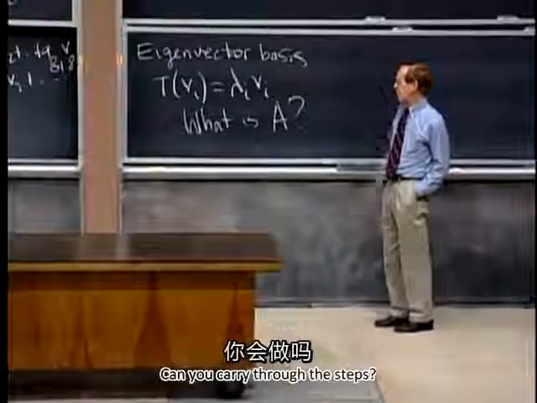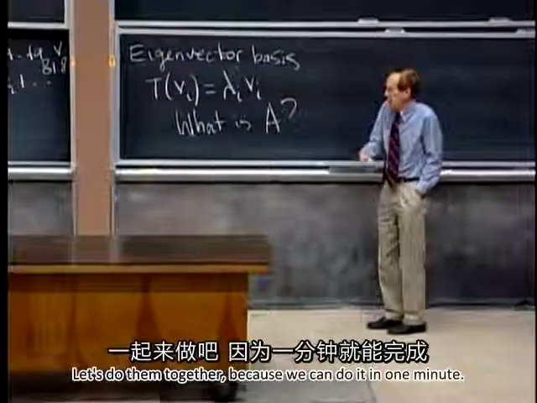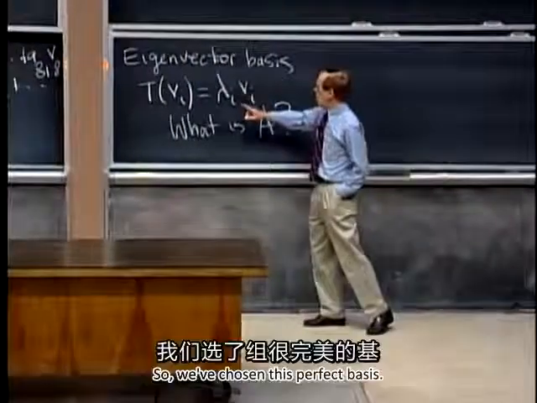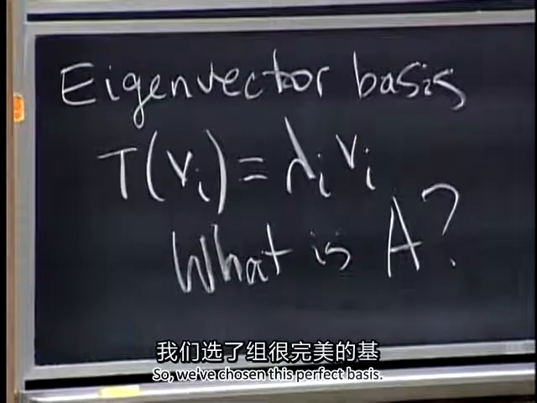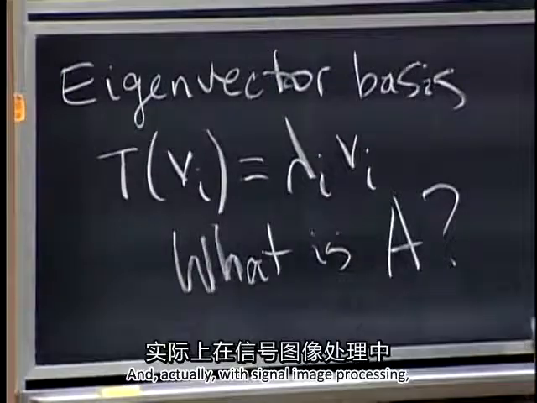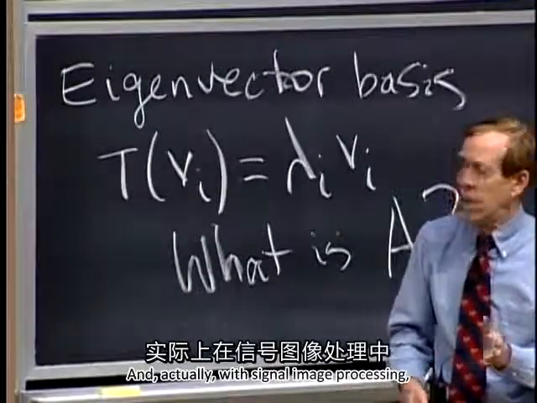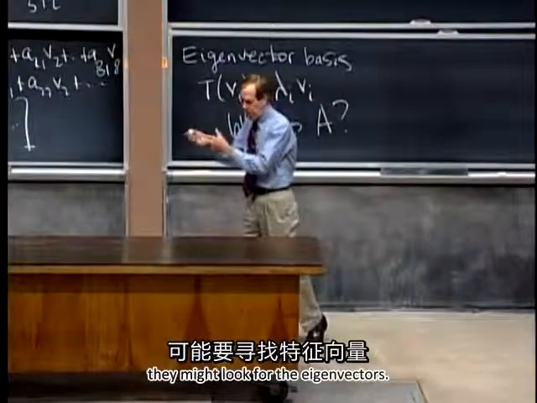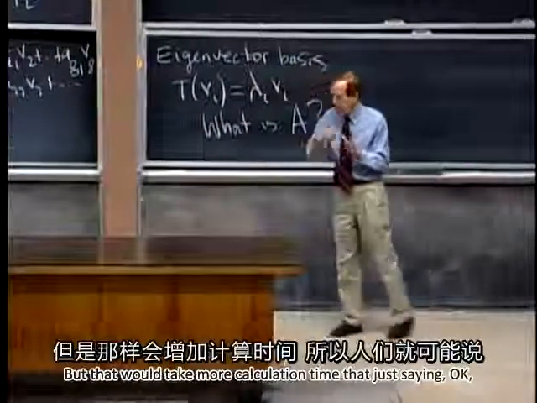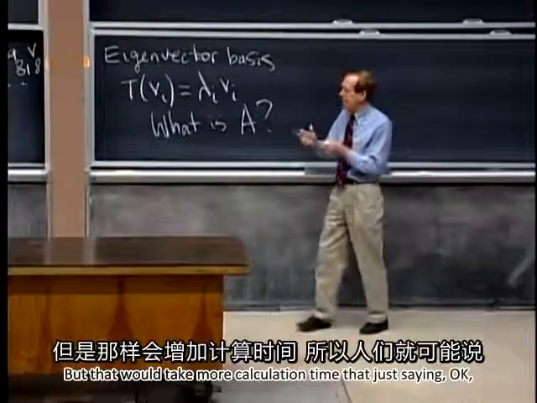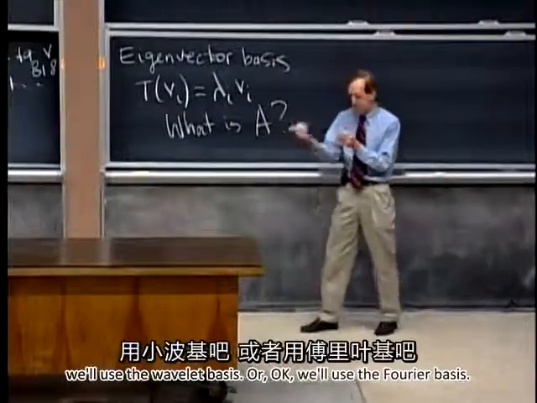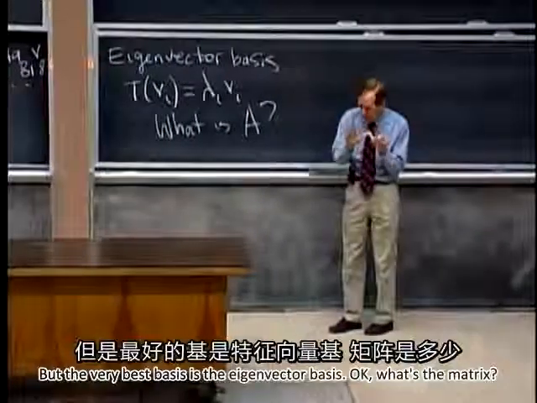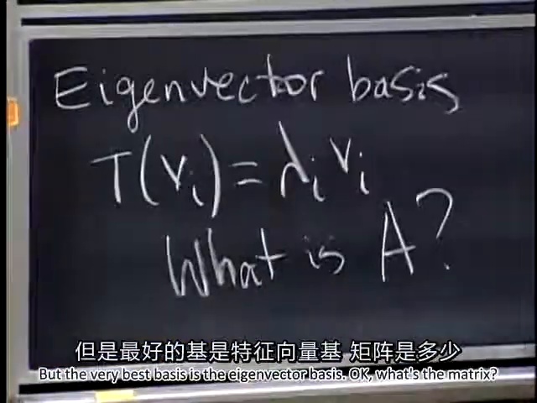Can you carry through the steps? Let's do them together, because we can do it in 1 minute. So we've chosen this perfect basis. And actually, with signal image processing, they might look for the eigenvectors. But that would take more calculation time than just saying, OK, we'll use the wavelet basis, or OK, we'll use the Fourier basis. But the very best basis is the eigenvector basis.